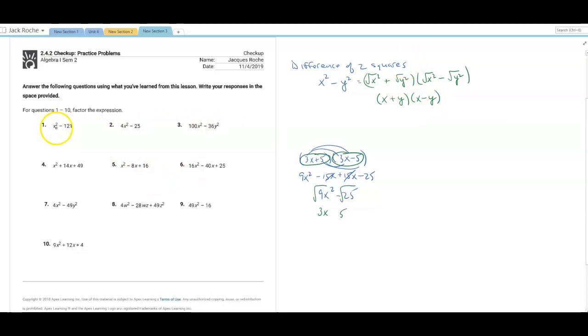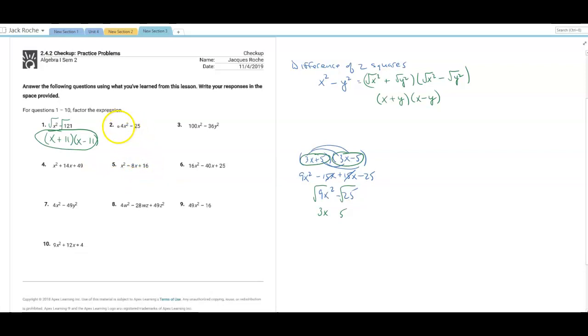Anytime I see two terms linked by subtraction, I look to see if I can take the square root. The square root of x squared is x. The square root of 121 is 11, meaning 11 to the second power. Since these are both perfect squares linked by subtraction, all I do is add the perfect squares and subtract them. And this is factored, meaning if I multiply this out, I would get what I started with.